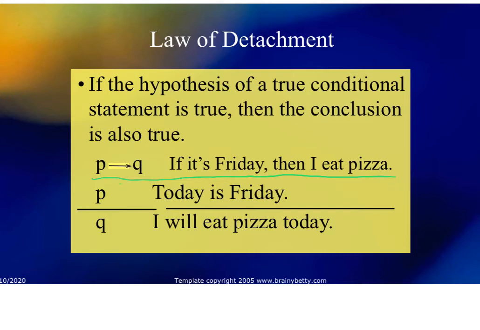It's saying that this standalone, today is Friday, leads us to believe that you will eat pizza today. So as long as our hypothesis and conclusion form a true conditional statement, then the hypothesis standalone infers that the conclusion is correct as well. All right?